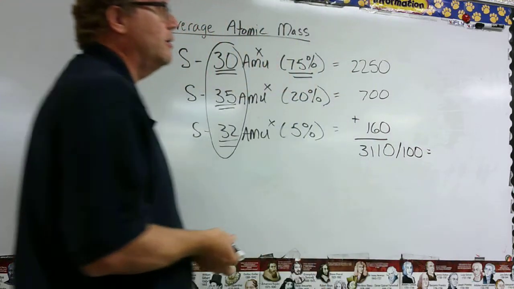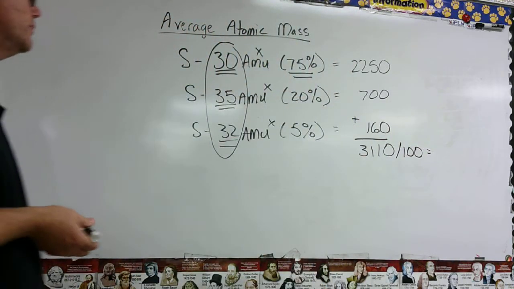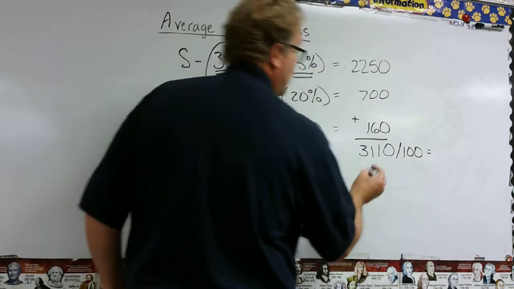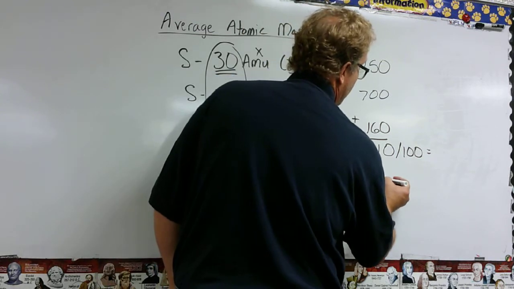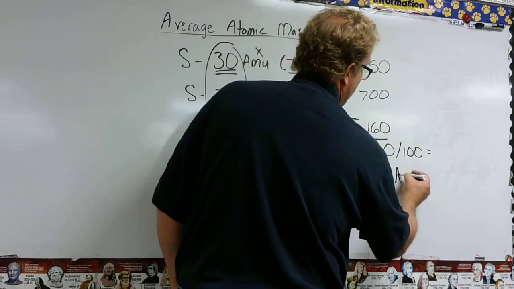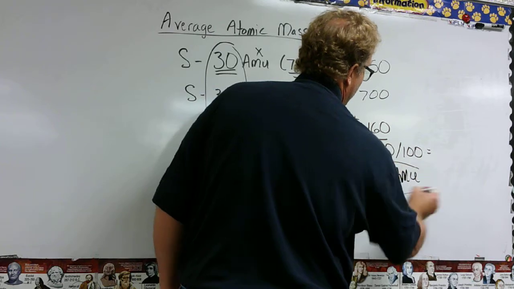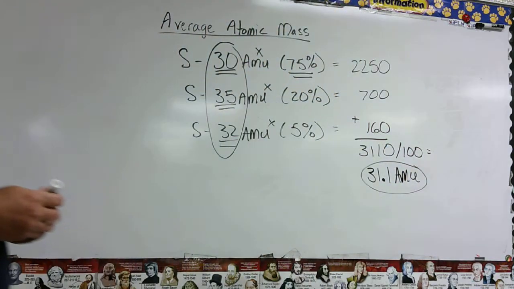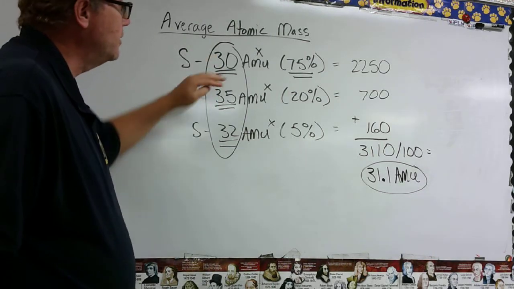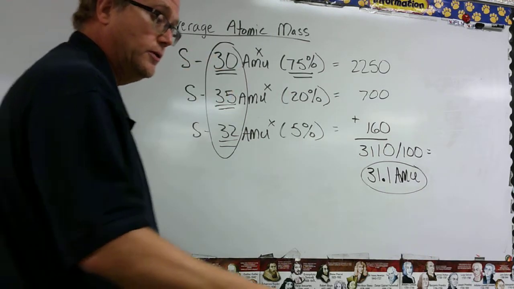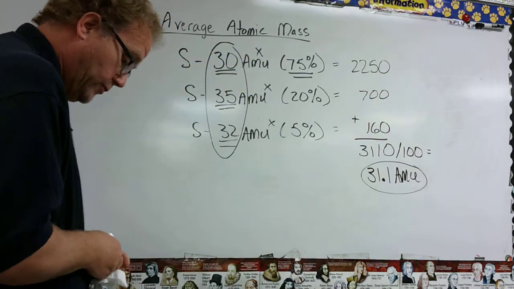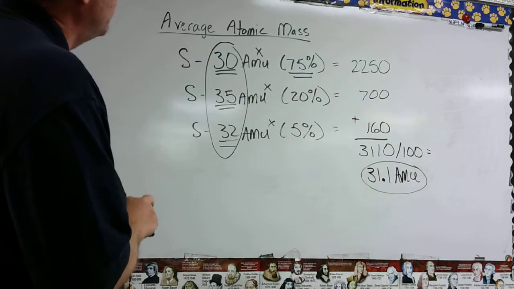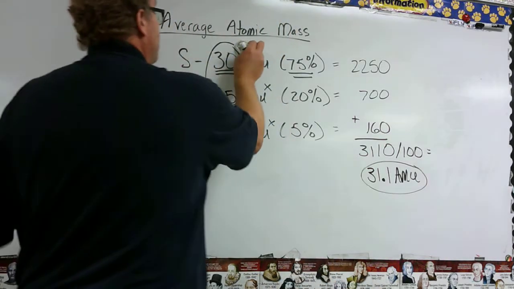We take care of that at the very end, after everything else. And you'll find your average atomic mass is going to be 31.1 AMU. That would be your answer. It does fall in between all these, and it does fall closer to the 30. It is useful to do these checks, because sometimes you'll find it doesn't, and that means you did it wrong.